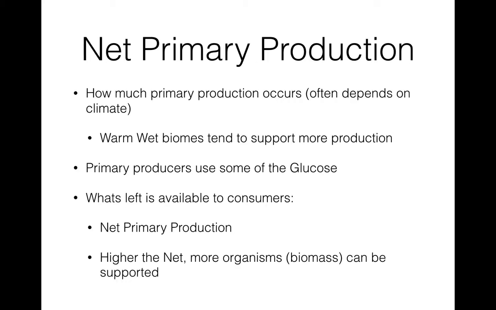So net primary production refers to how many producers there are, and producers do form the base of the food chains. And it turns out that warm, wet biomes tend to support more producers. Those producers use some of that glucose. Whatever's left over can be used by higher up in the food chain.